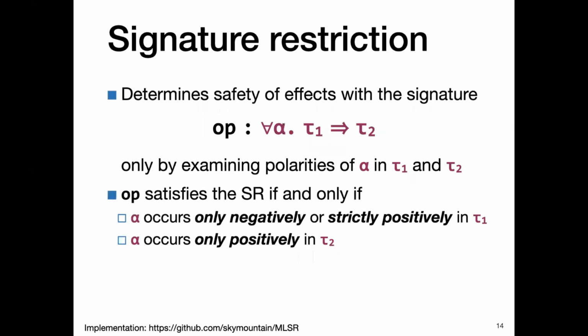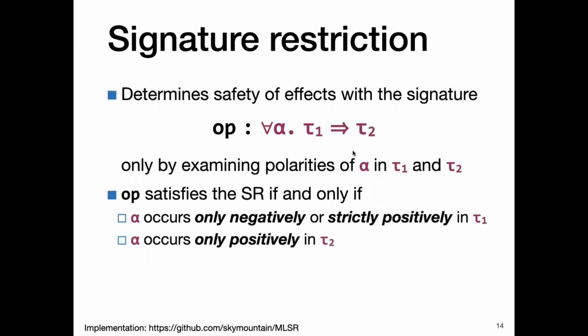As I said, signature restriction is an approach to determine the safety of an effect with a signature of the effect. So let's suppose we consider this operation with this polymorphic type. Here, signature restriction determines the safety of the effect only by examining the properties of alpha in argument type tau 1 and return type tau 2.